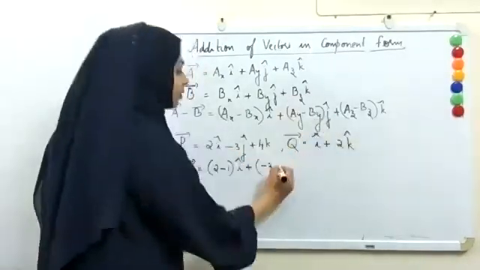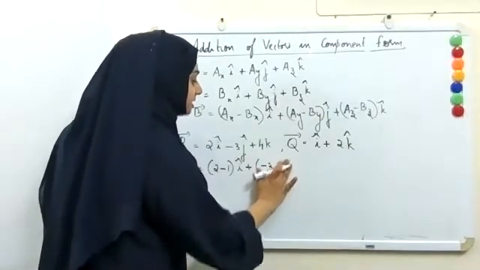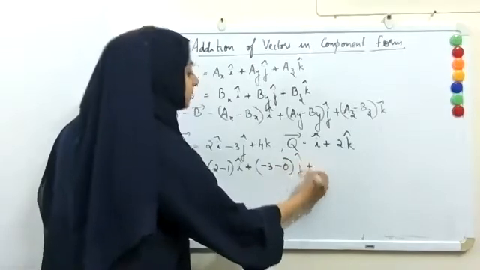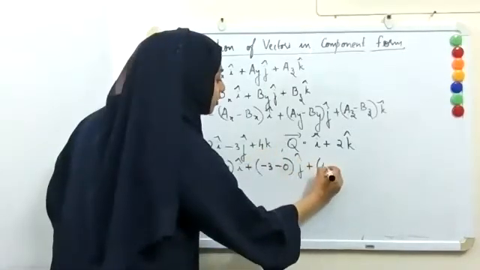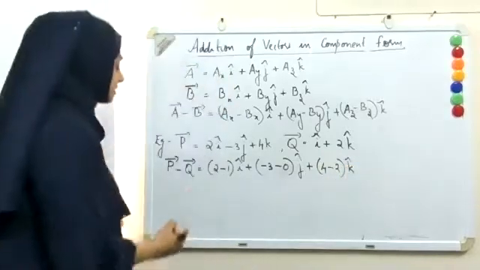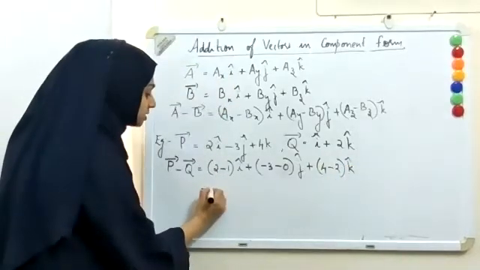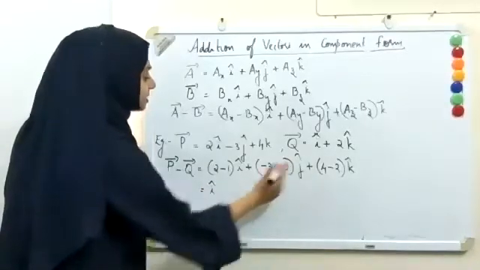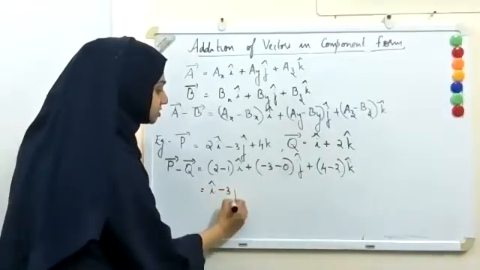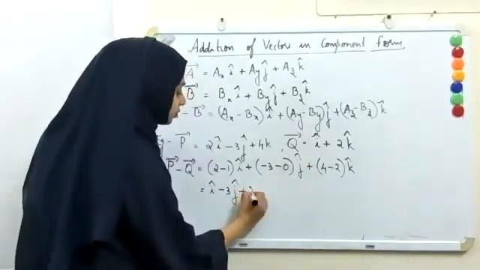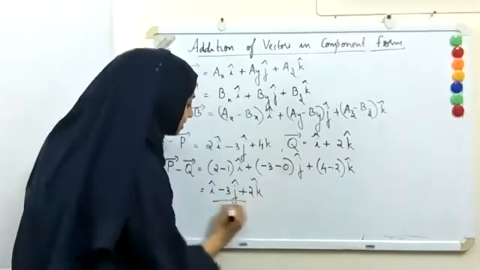There, no j component. So minus 0 j plus, here it is 4 minus 2 k. So this is equal to 2 minus 1. So 1i or just i, minus 3 minus 0. So minus 3j. 4 minus 2 is 2. So plus 2k. So you got the difference.